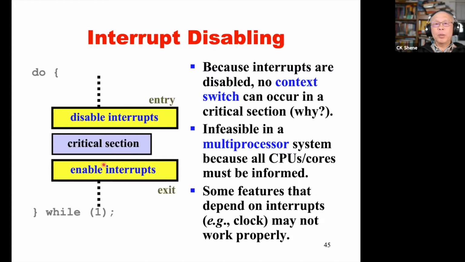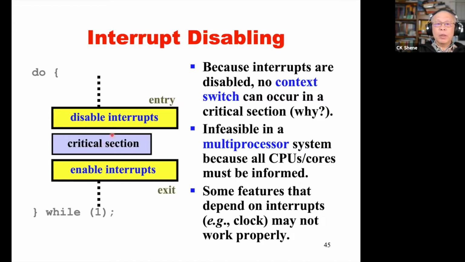And the CPU or CPU cores will not change hands. In other words, while the process is here, no context switch can occur in a critical section. I hope you remember what I said. Now, if that is the case, the process in a critical section accesses shared variables and no one would compete against it.